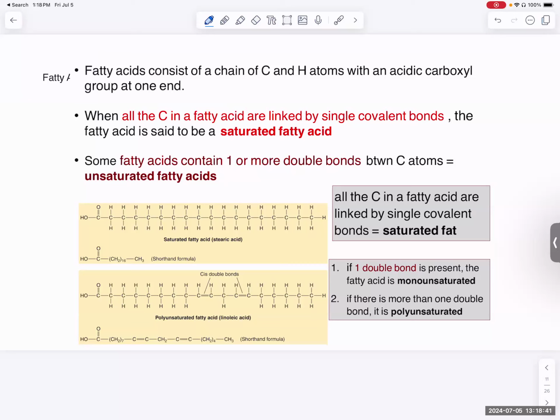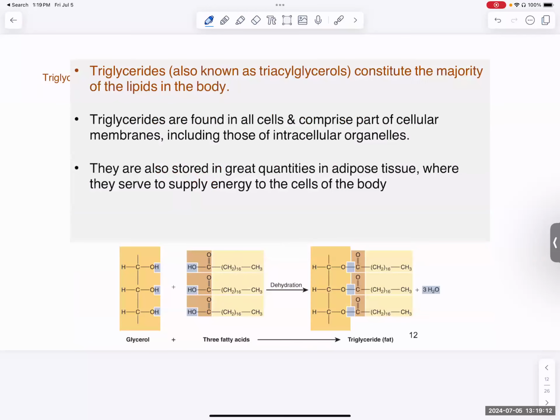If there are no double bonds, it is a saturated fat. If every single carbon is bonded all the way around, we say it's saturated. So this is an example of a saturated. Polyunsaturated, you're going to see some double bonds, so we're missing hydrogens here. And so it's not completely saturated with hydrogens.